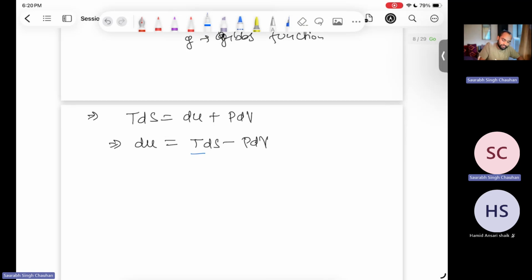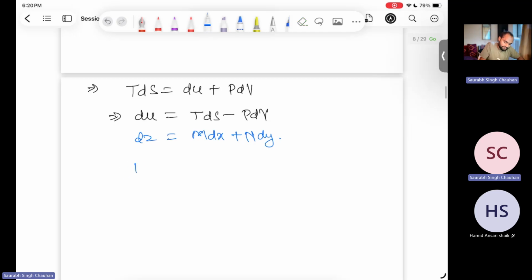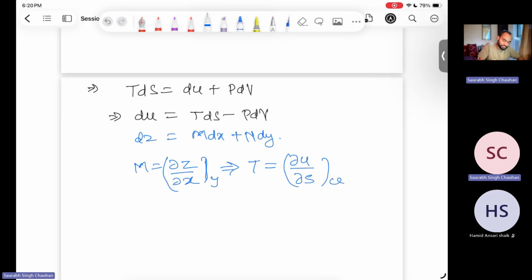Okay, so dz is equal to m dx plus n dy, and m was partial derivative of z with respect to x keeping y constant. So if you compare with this, then we get T is equal to partial derivative of u with respect to S at constant volume. Okay, so this is another relation.